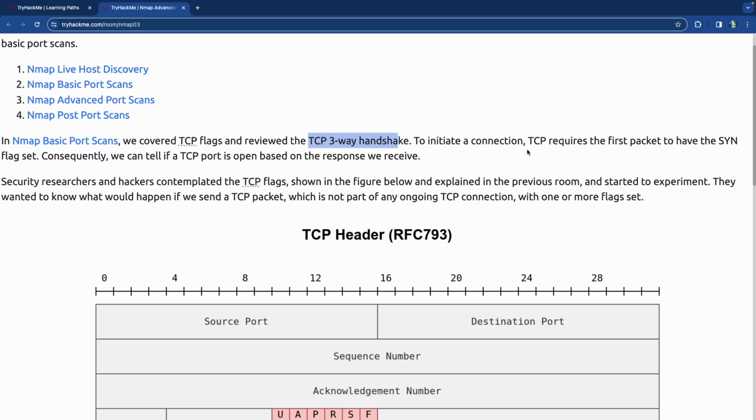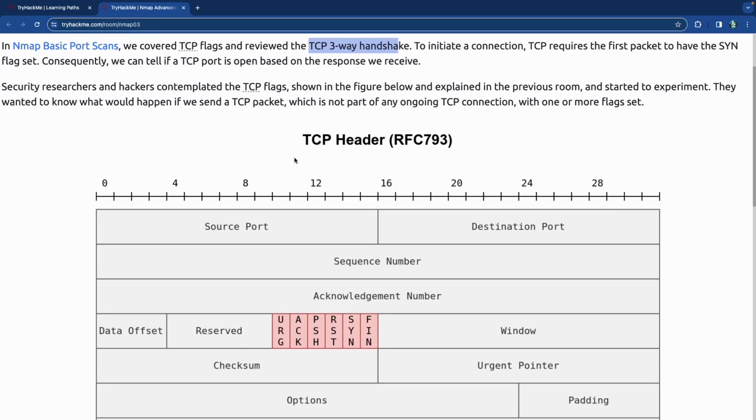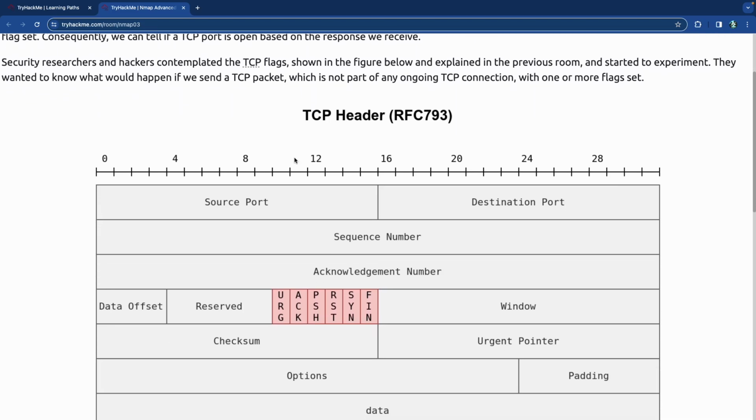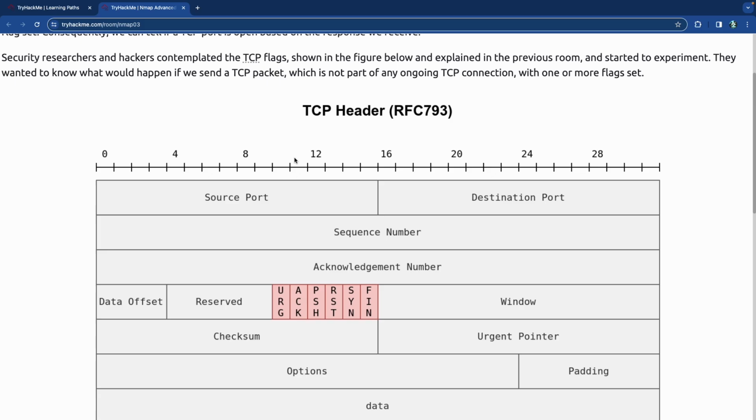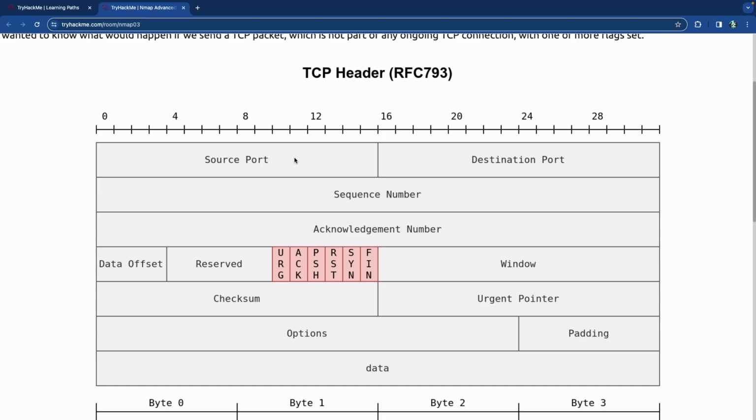To initiate a connection, the first packet requires the SYN flag set, and we can tell if a TCP port is open based on the response that we receive. This is something that we reviewed in the last video as well, that we're just going to look at one more time to get a good idea of what we're doing.